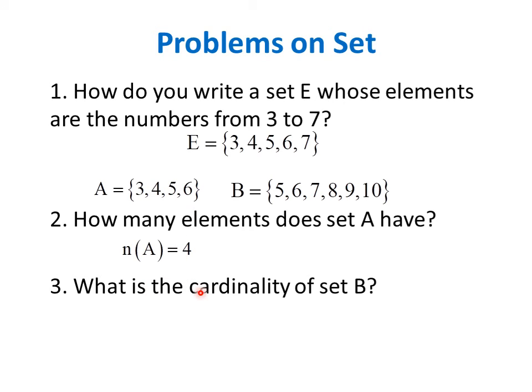Okay, next, what is the cardinality of set B? Now remember that cardinality is simply the number of elements. So this question is the same as how many elements does set B have? So the cardinality of set B is, let's count them, 1, 2, 3, 4, 5, 6. 6.